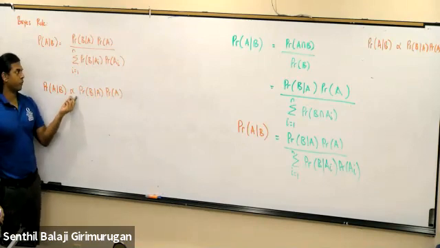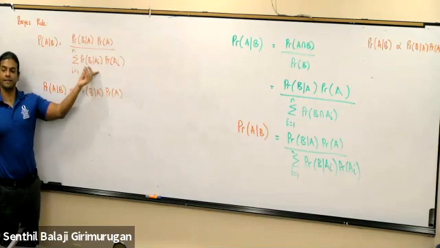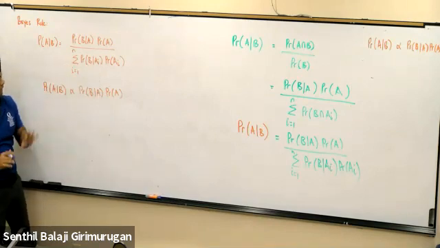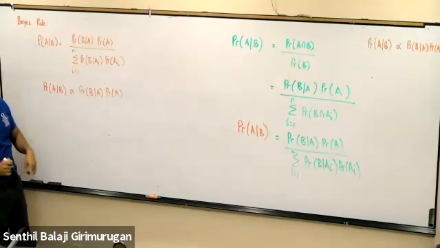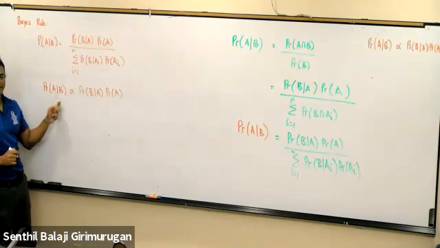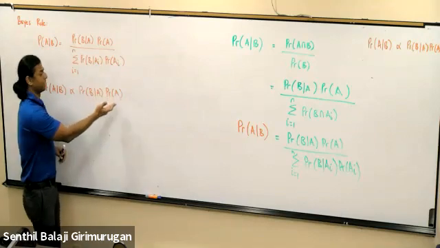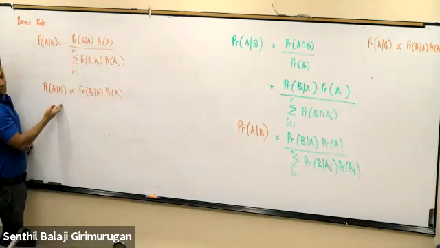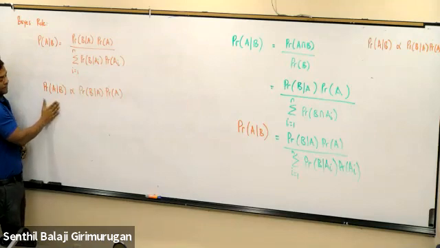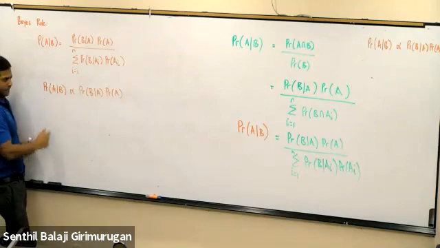I put the proportional sign because the denominator is a constant, so I could just call it proportional if I get rid of that. So this is the new evidence. We had an original probability, and now that I have the new evidence, that's going to change this probability.